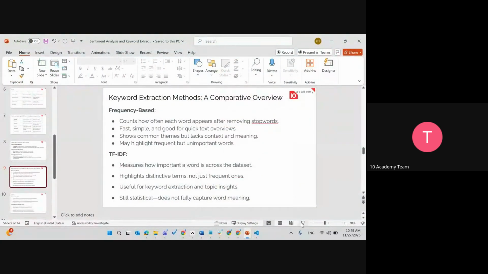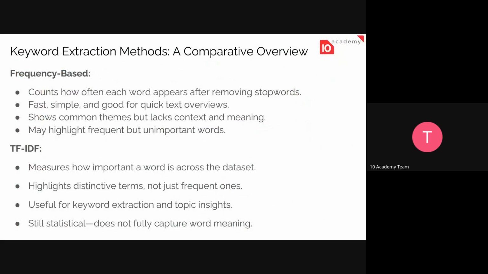But VADER is for social media and Google Play reviews. It's more suitable because people will not write in formal ways. They might use emojis or slang or even sarcasm. So it's better to use VADER. But test it with TextBlob and VADER, and you'll see the difference, or choose the other one.